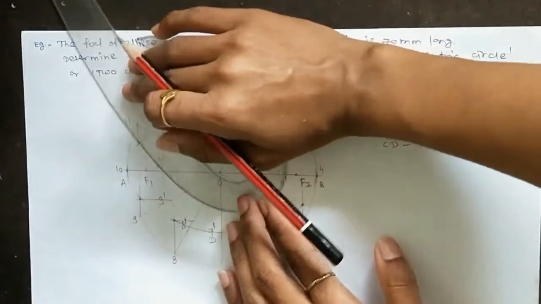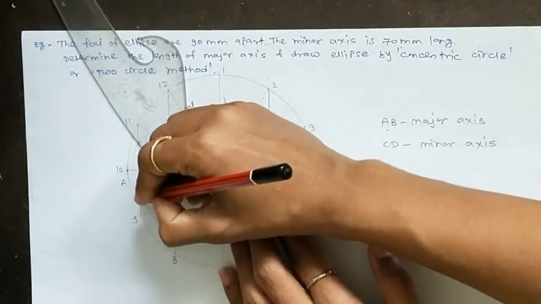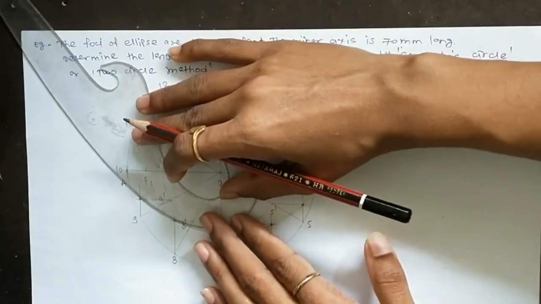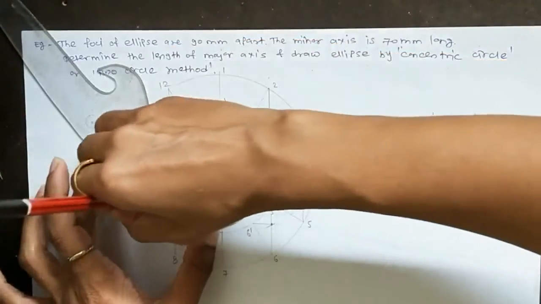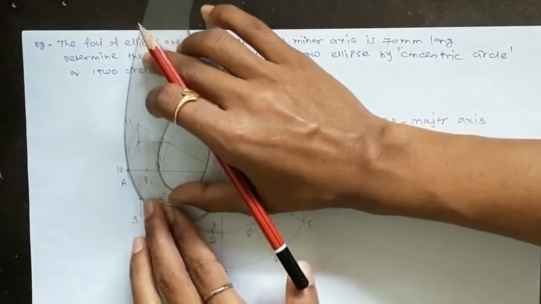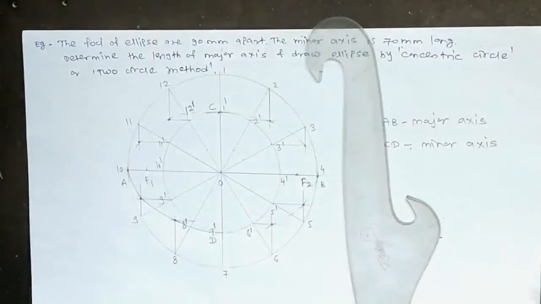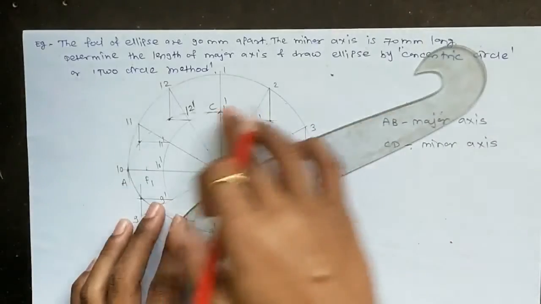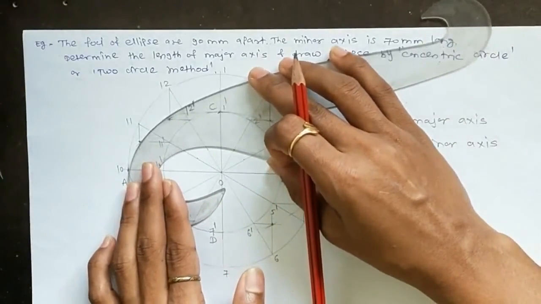Then draw this point up to point A. Then again join A to C by taking these various points in between.